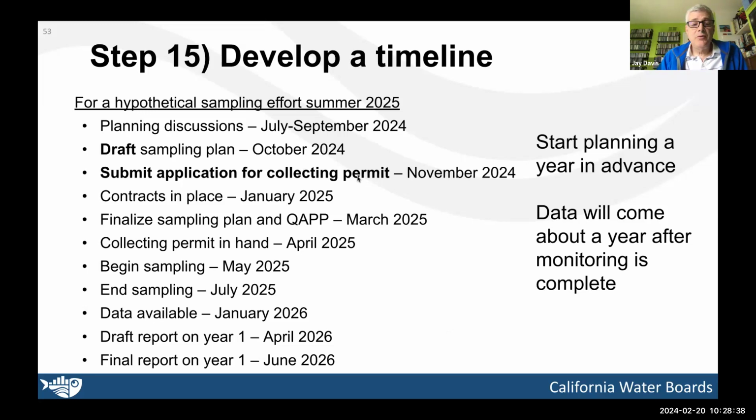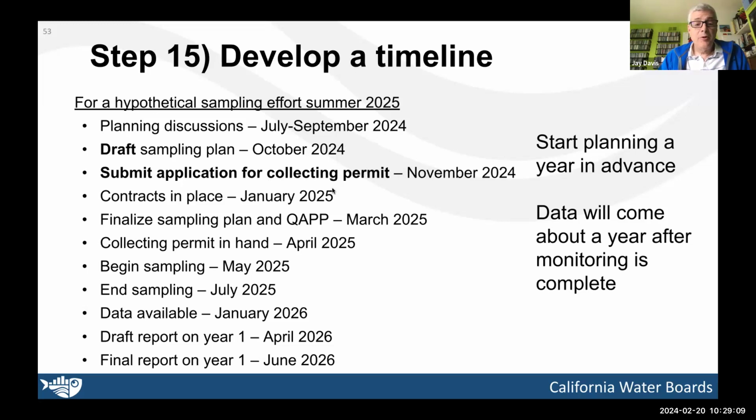So it's best to do that maybe half a year before you want to start sampling. So say you want to start sampling next summer, 2025. The planning should start this summer. Have a draft plan that's together enough that you have the information you need for a collecting permit, knowing the locations and species and numbers that you want. You can do more refinement later, but you need that information to apply for the permit.